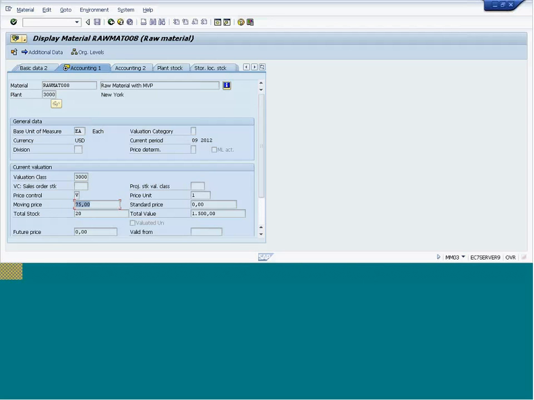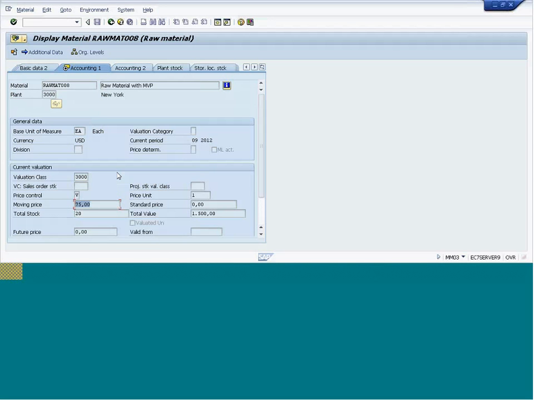So even so, whatever the way you procure, this is the cost it is going to use for your issuing. Okay. So in the moving average price, in real time, we don't maintain any price. You don't require it, right? Because it will take the prices directly from your purchase order and from the goods receipt, right?